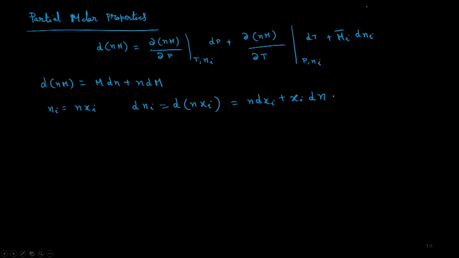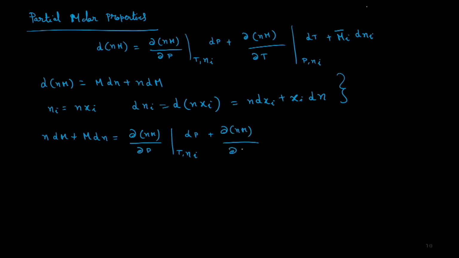Now let me put these two expansions in the previous equation so that what we get is n times dm plus m times dn is the derivative of Nm with respect to P at T and Ni dP, plus derivative of Nm with respect to T at pressure and Ni dT, plus Mi bar times n dxi plus xi dn, right?